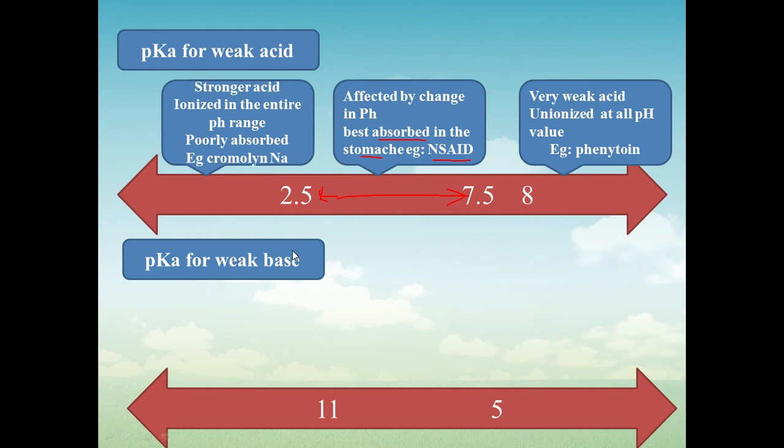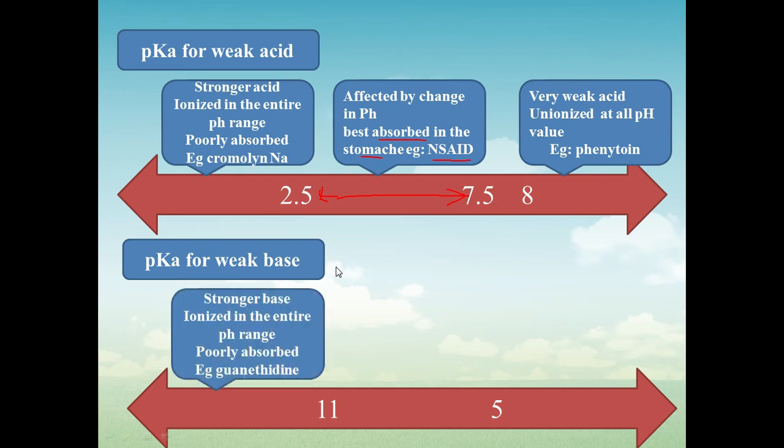Okay, then for weak bases, if your drug is a weak base and having a pKa of less than 11, the stronger base, then we can say it is a stronger base, and it will ionize same like acid. Again, it will get ionized in the entire pH range of your GI tract, and it will get poorly absorbed in your stomach.